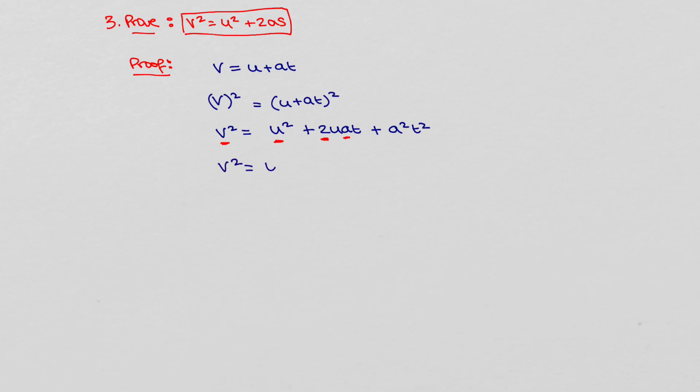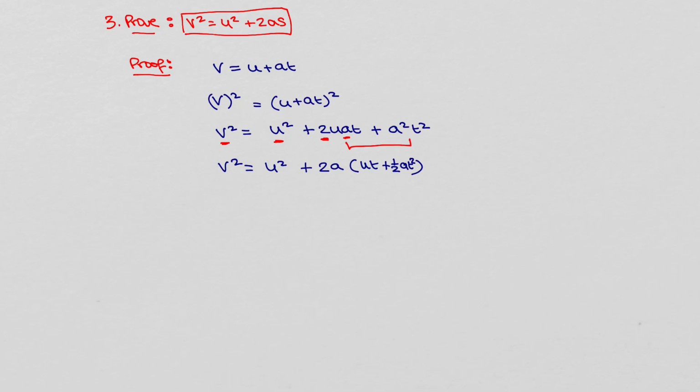So I have v squared equals u squared, and I'm going to factor out 2a from the last two terms. So if I take out 2a from the first term there, I'm left with ut. And if I take out a 2a from a squared t squared, well, there's no 2 there, so therefore I have to be left with a half. And if I take out an a, I'm left with a and t squared.